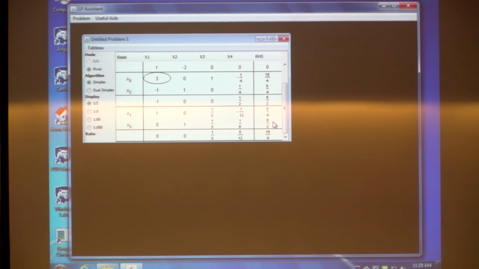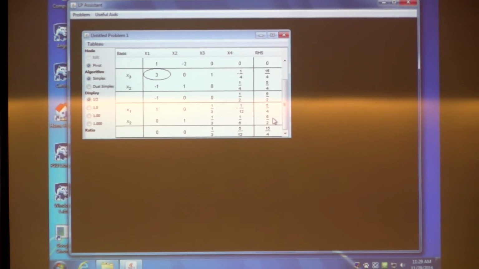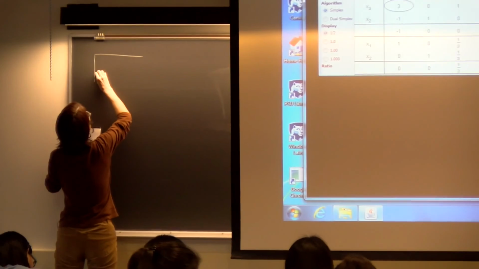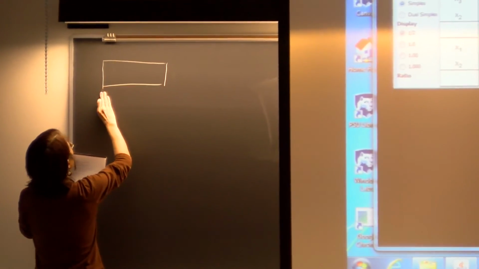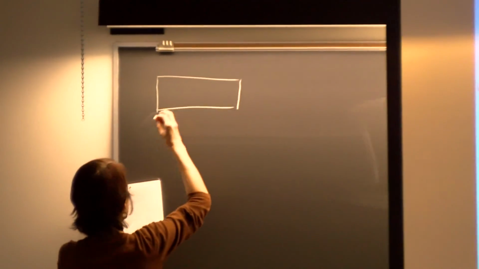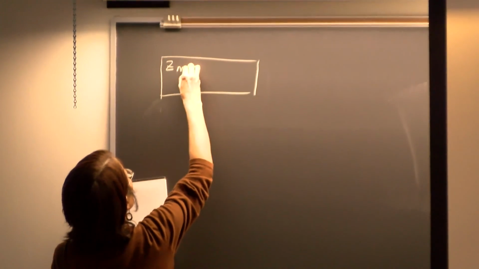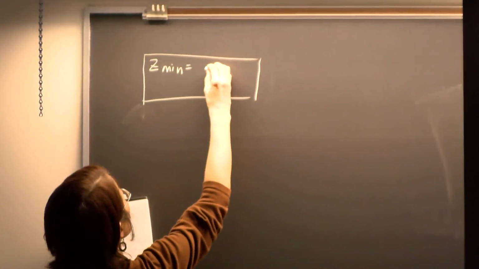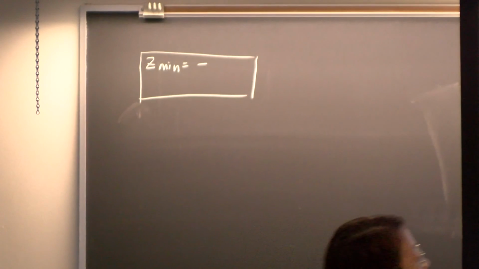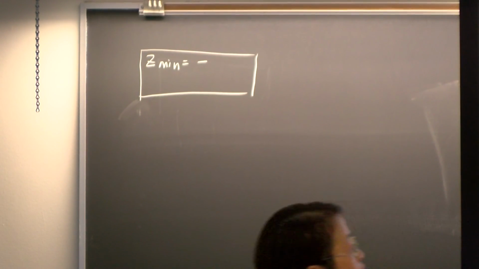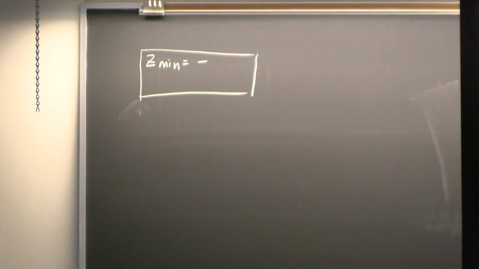So I'm going to collect the information here. So what do I get? The z min is negative 15 over 4. You want to rewrite that number as the integer plus a proper fraction.